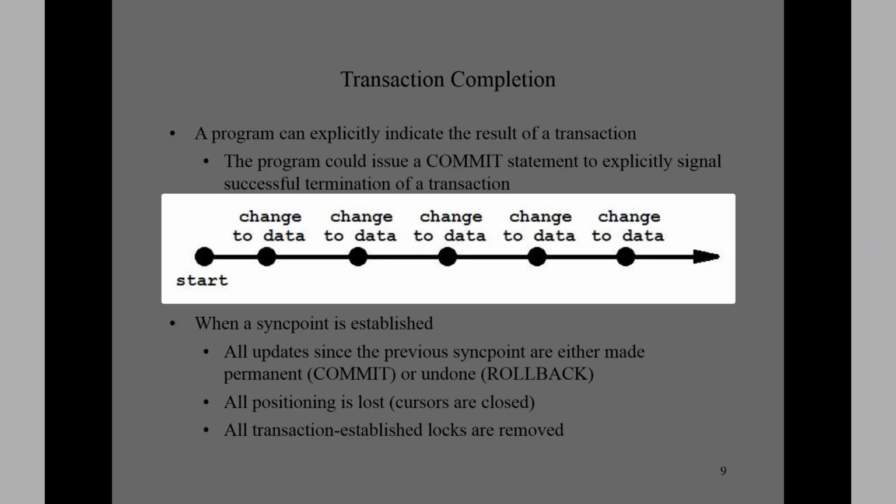Let's use this graphic to illustrate the idea of a transaction. The transaction starts at one point on our timeline and progresses from left to right, as indicated by the arrowhead.